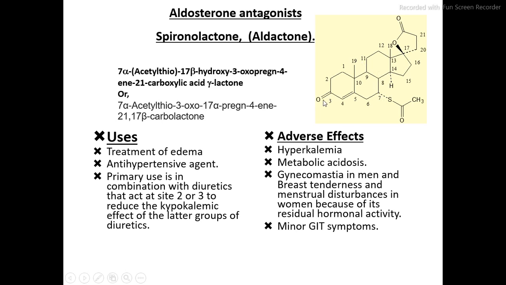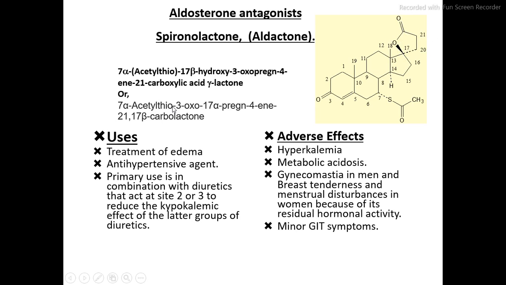Again, this ring is the pregnane ring or preg-4-ene ring because there is a double bond between carbon 4 and 5, and this is its IUPAC nomenclature: 7 alpha acetylthio 3 oxo 17 alpha preg-4-ene 21,17 beta carbolactone.